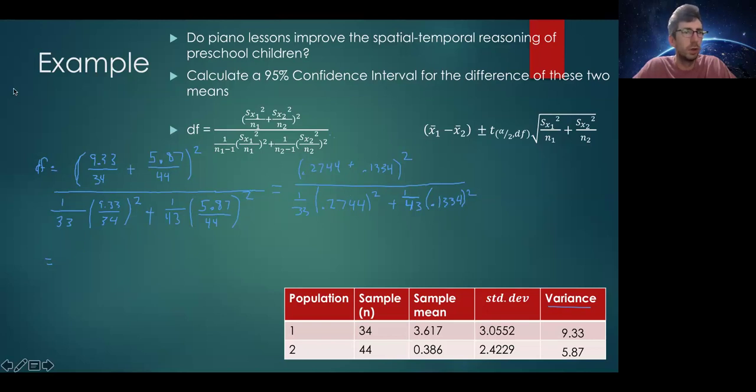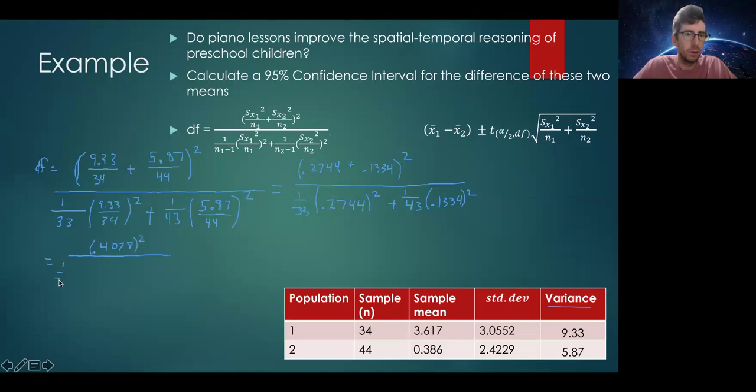So 0.2744 plus 0.1334, I get 0.4078. And we still have to square this, right?